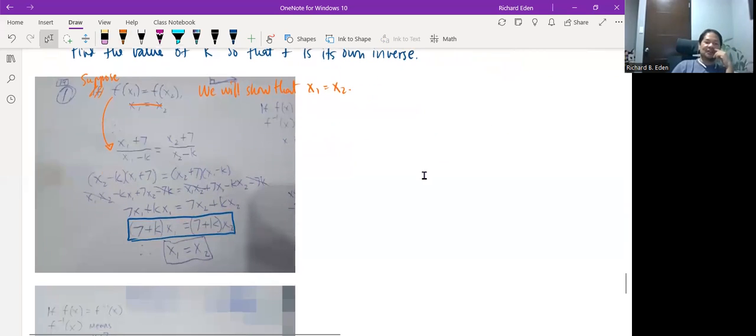Saved by the bell. But then you would argue, okay, note that k is not equal to -7, so k plus 7 is not equal to 0. And therefore, you can divide by k plus 7.